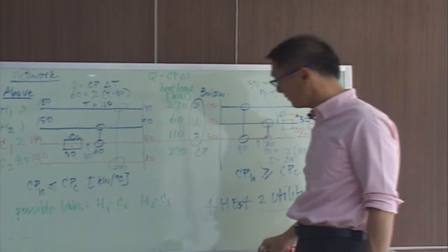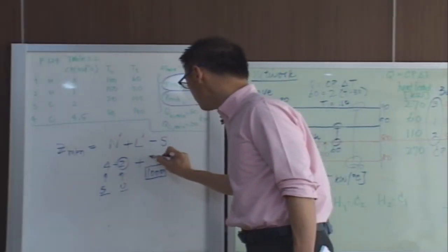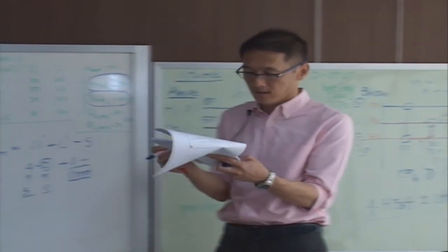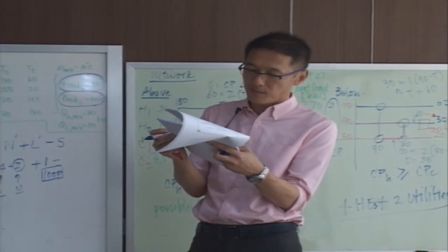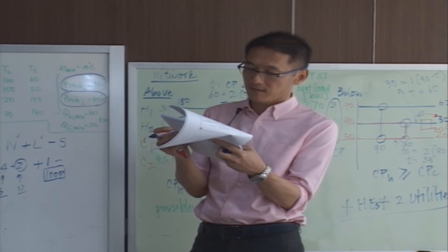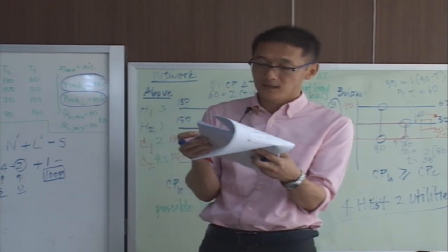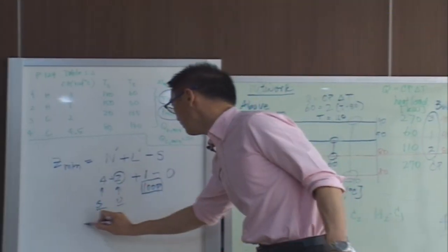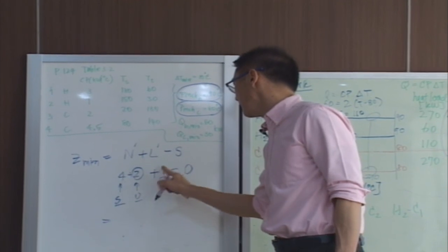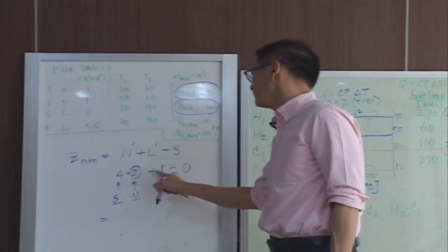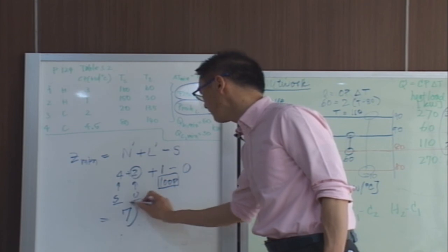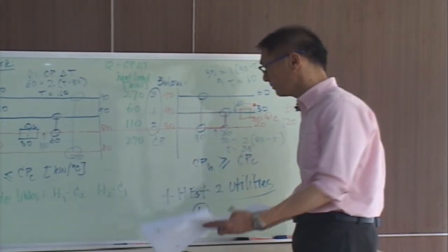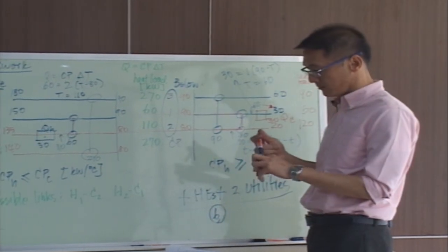So what I have is one loop present in the system, and then minus S. S is the number of independent branch subsets that exist in the network. So we don't have that. So this becomes 6 plus 1 becomes 7. What we have is 6. Ooh. Is that right?